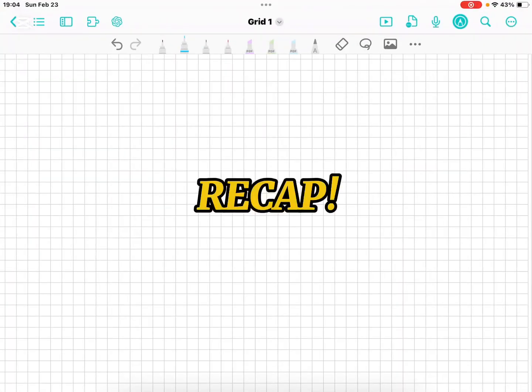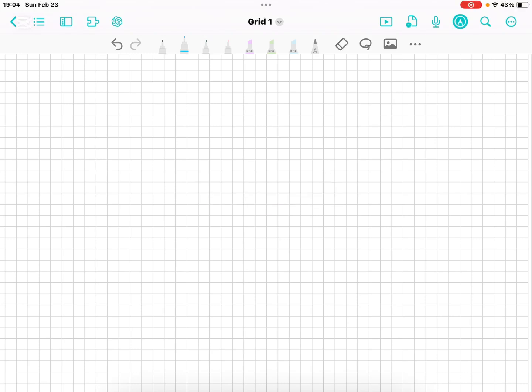Let's recap. We know that a linear equation will have the form y equals mx plus b. The slope, which is m, equals the change in y over the change in x, and it tells you how steep the line is and whether it goes up or down. If it's positive, it will go up.